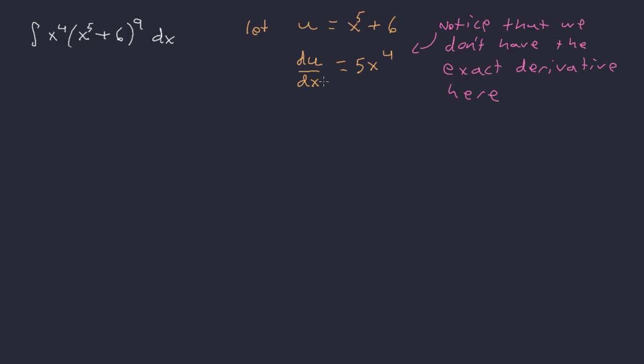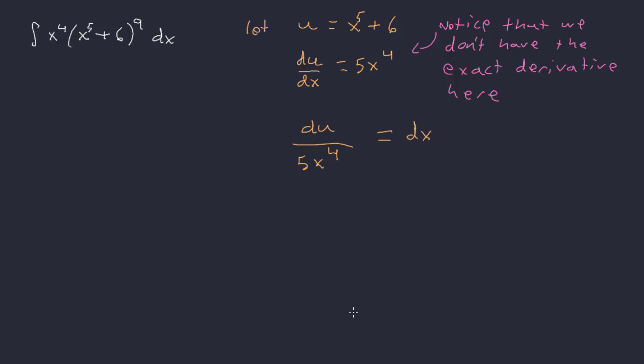I'm basically doing a swap. So I'm going to have du over 5x to the 4th is equal to dx.